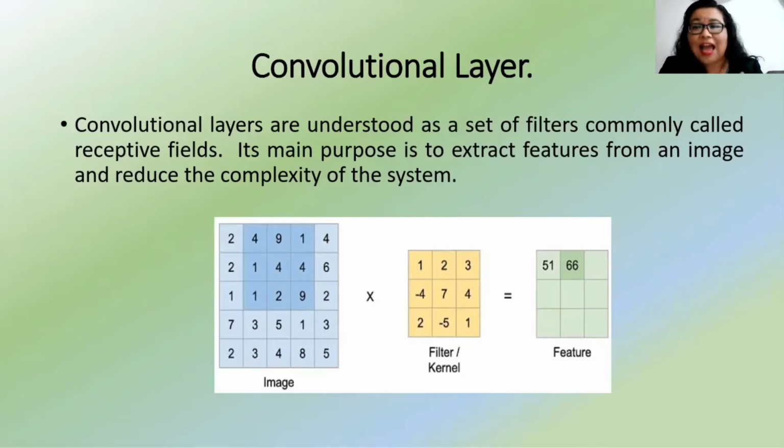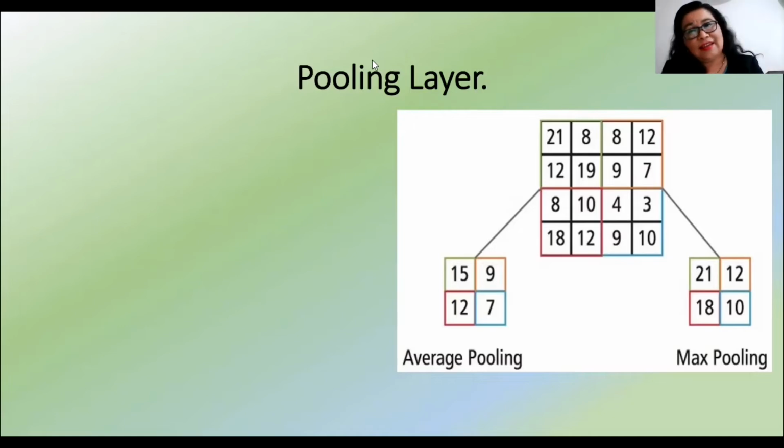Convolutional layers have specific parameters called hyperparameters that determine the output of this layer: filter size, number of filters, padding, and stride. The pooling layer allows the reduction of the spatial size of the input image, which leads to reducing the number of parameters, the computational load, and the memory used to control the risk of overfitting.